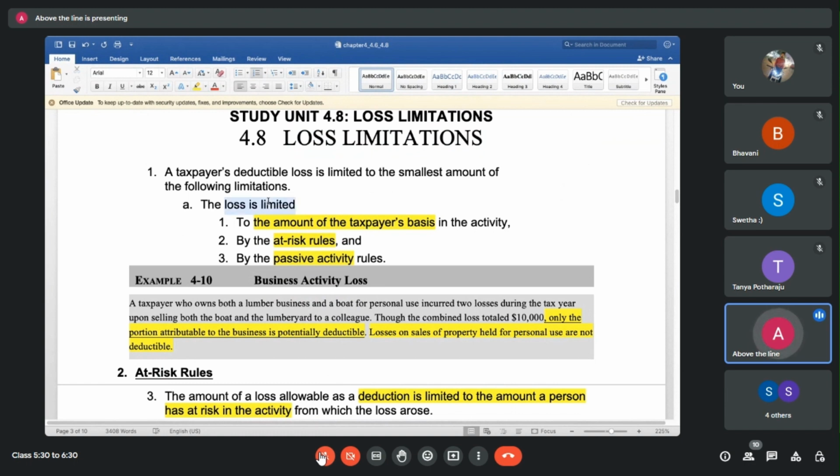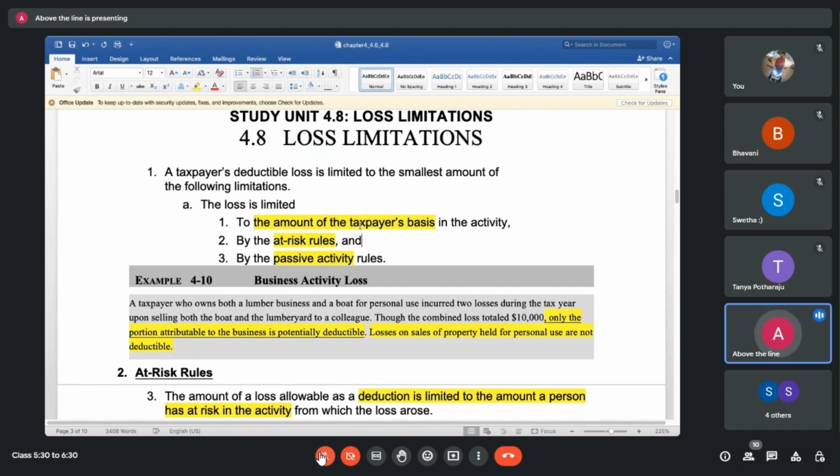The loss is limited. There are 3 points that we need to understand. The loss is limited to the amount of the taxpayer's basis in the activity. What is the basis? That means what you have put in. If you're a partner, what is your capital that you have put in there? If you're a shareholder, what is your share of capital there?